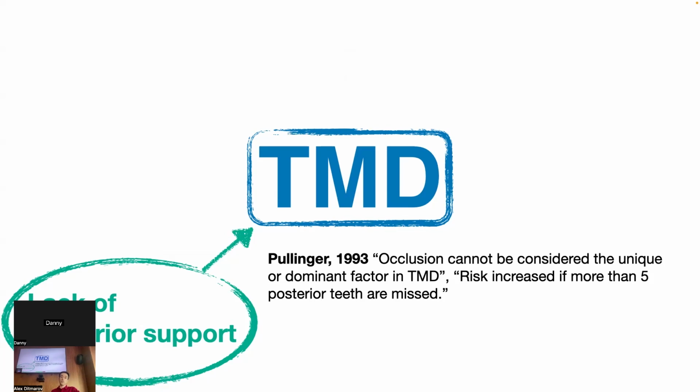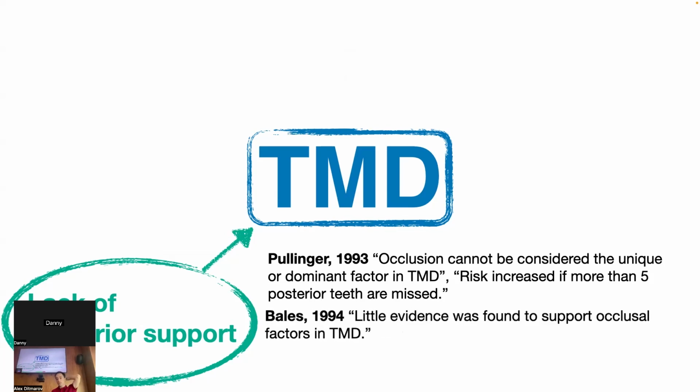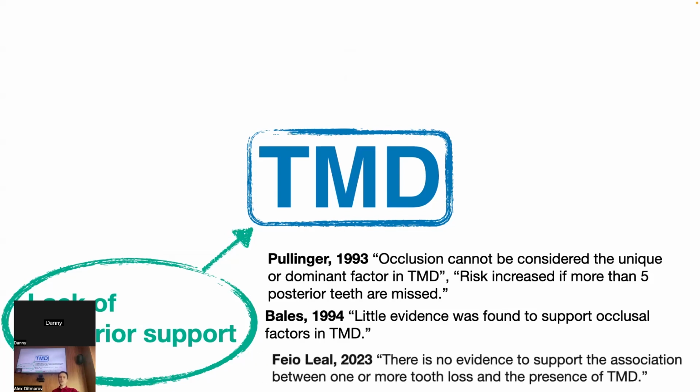Like 5 posterior teeth missing, that's a terrible thing, but yeah, it could be. Bales, another researcher, published this paper in '94 in the Canadian journal. Little evidence was found to support occlusal factors in TMJ. And again, I'm just highlighting the most famous papers, but there are many more on that issue.